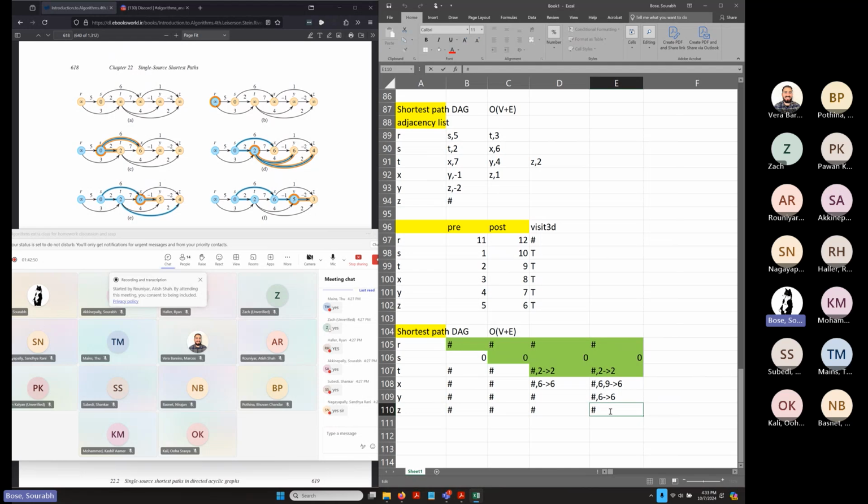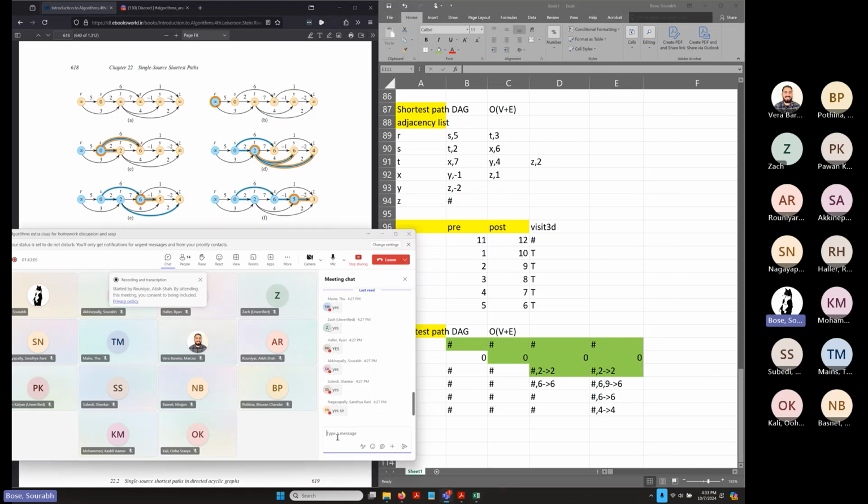Now Z. S to T is 2 and T to Z is 2, so it is offering 4. It becomes 4. Which one will be evaluated next, guys, Z or X?